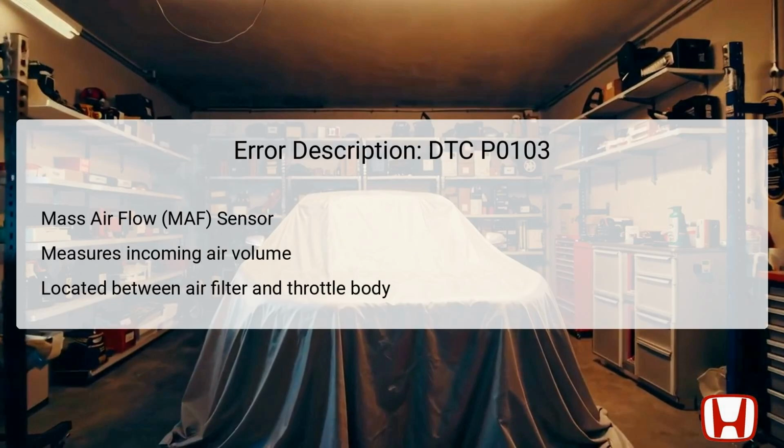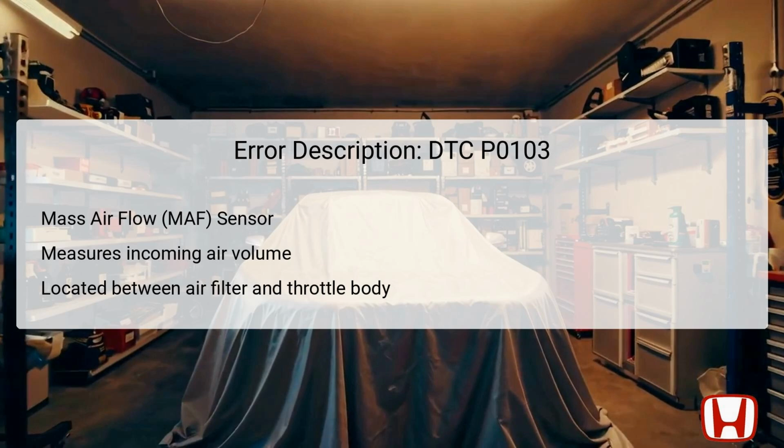DTC P0103 signifies a high voltage condition in the mass airflow MAF sensor circuit. The MAF sensor is a pivotal component situated between the air filter and the throttle body in the intake system. Its primary role is to determine the volume of air flowing into the engine.